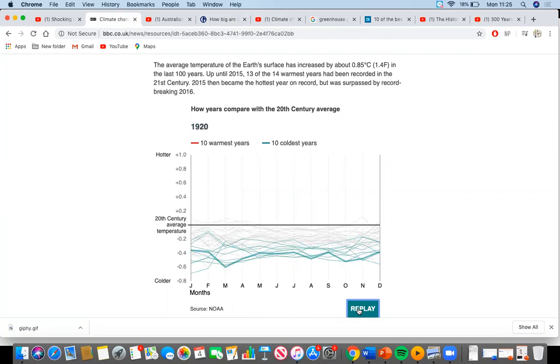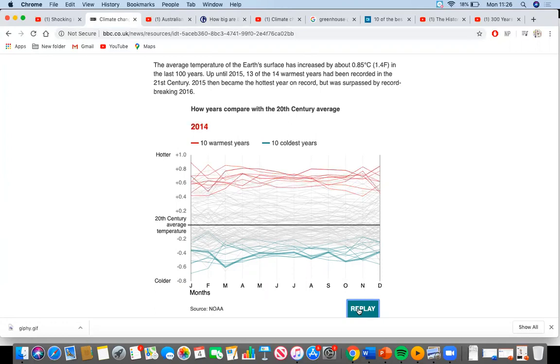Average temperature there is quite low, below average, and then you'll see that in the last sort of 50 years, we are starting to get hotter and hotter. This goes up to 2015.